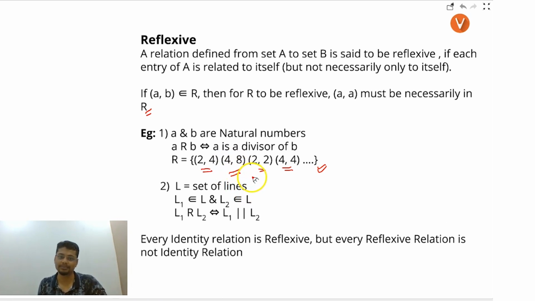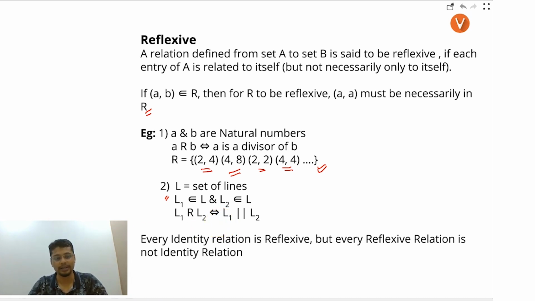Since this is coming, this relation is not an identity relation. Why? Because in identity relation, as we had seen in the previous video, an element should be related to itself and itself alone. Similarly, this second one is a reflexive relation but not an identity relation. So just to repeat, every identity relation is reflexive. However, every reflexive relation is not an identity relation.